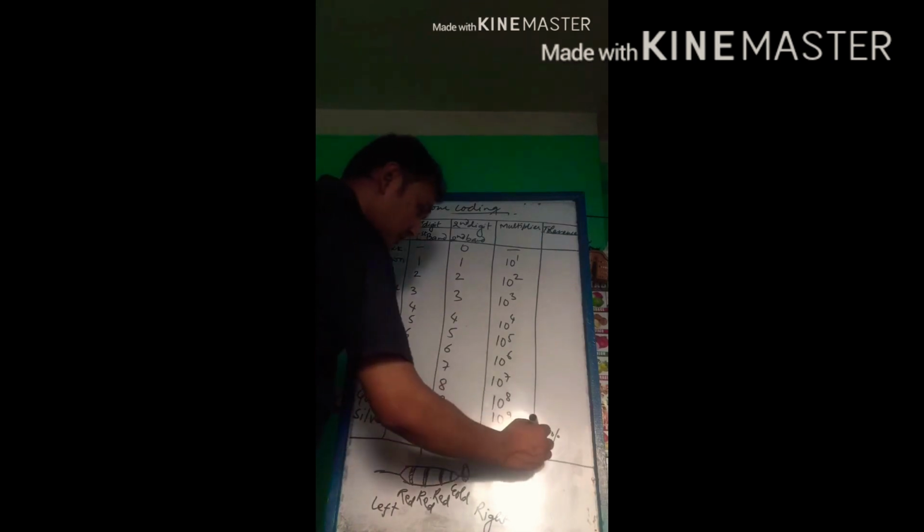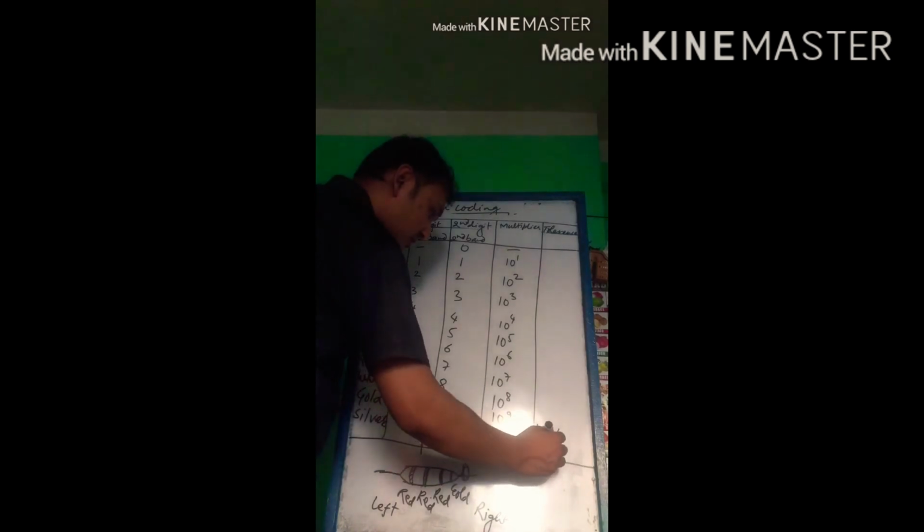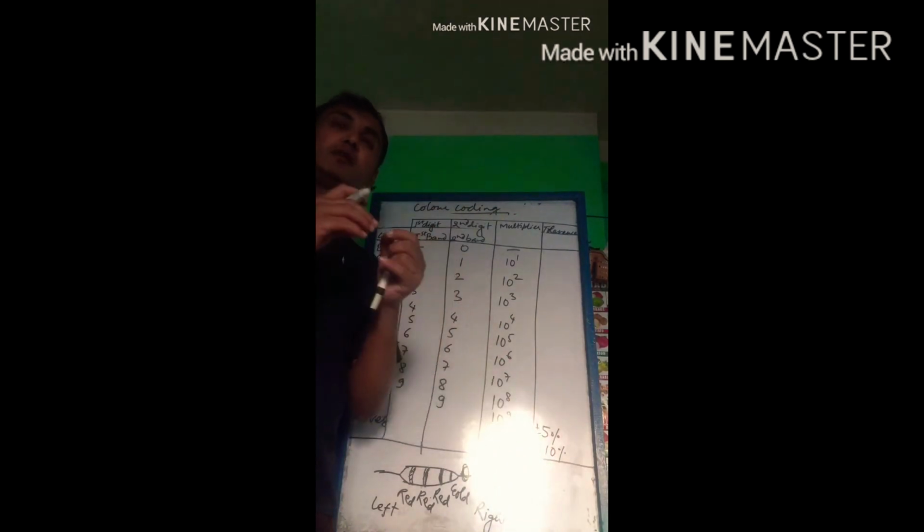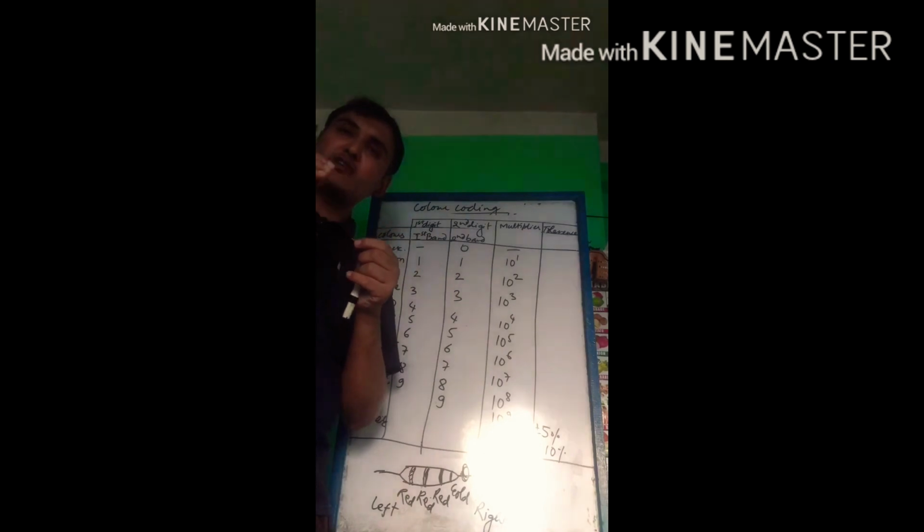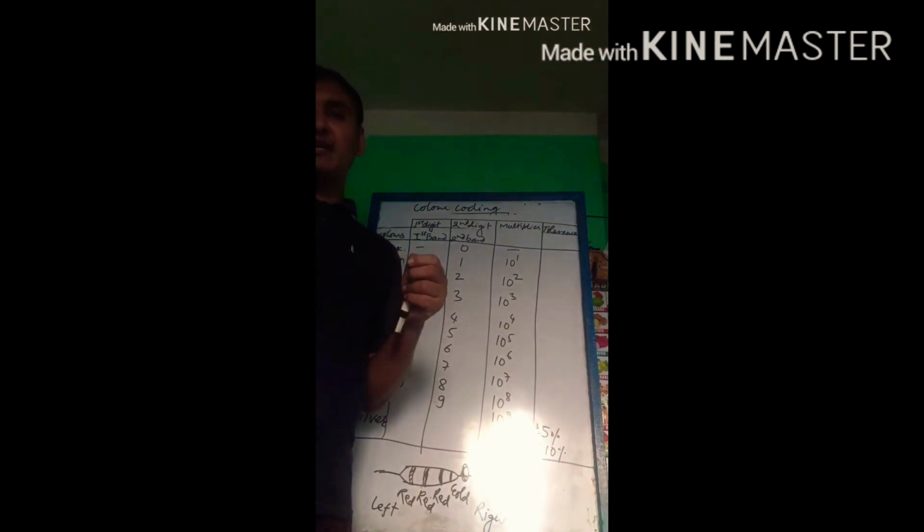And next one is silver. The silver tolerance will be 10%. If there is silver color at last, then tolerance will be 10%. Means the resistance of that resistor may be greater by 10% or less by 10%.